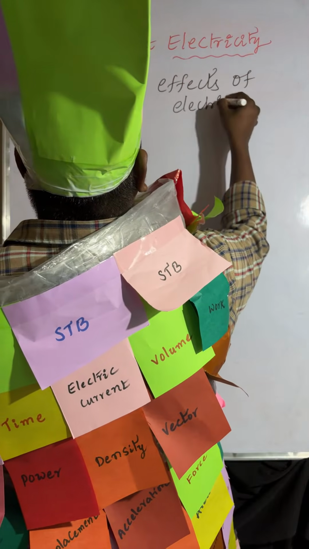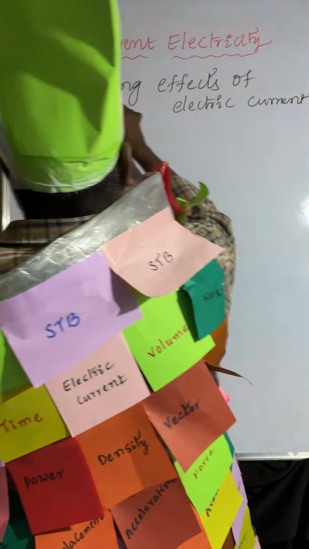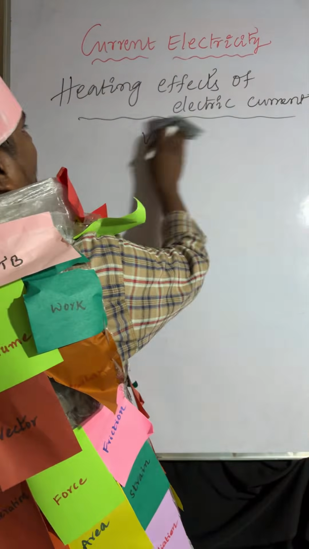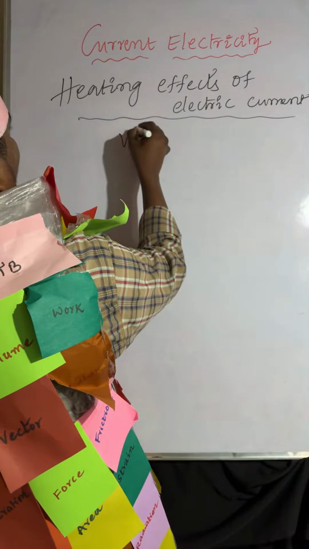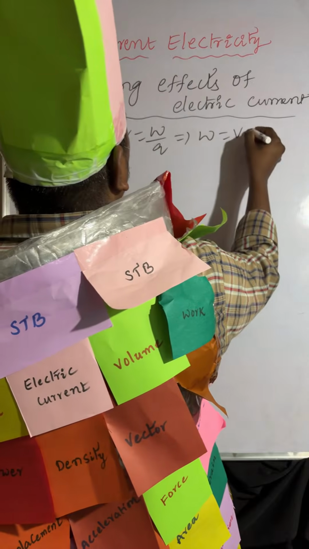Now we can observe V equal to W by Q. From here, W equal to VQ.